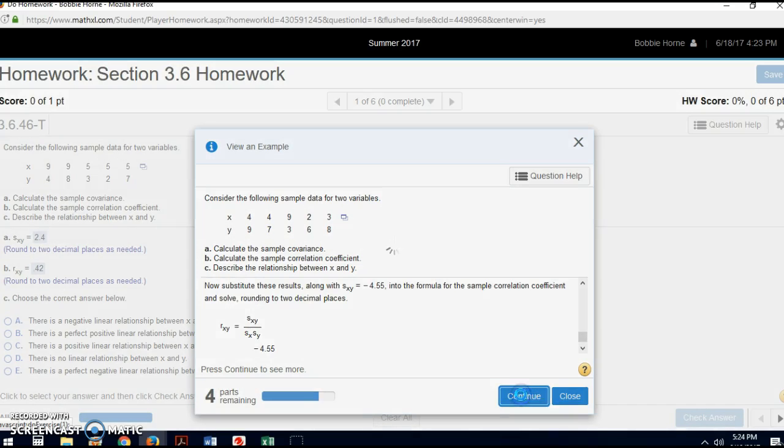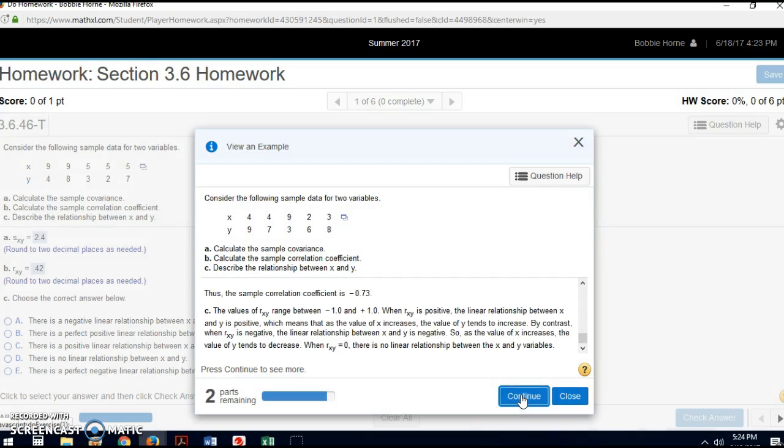Alright, the values range between -1 and 1. If the coefficient is positive, it means that as the value of X increases, Y tends to increase. If it's negative, the relationship is negative. So as the value of X increases, the value of Y tends to decrease.